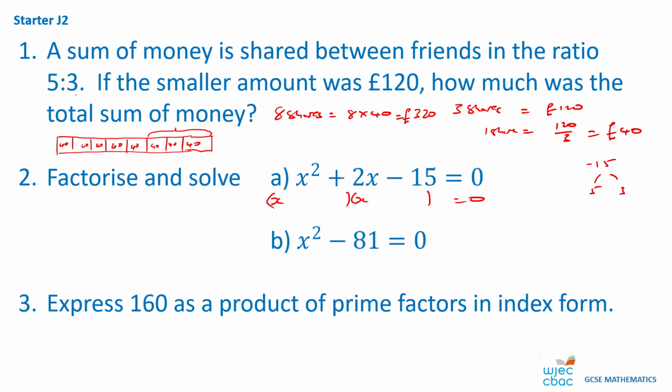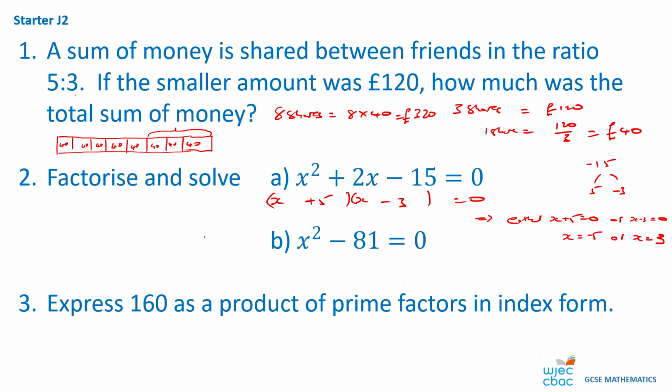Because it's plus 2x, it's going to be 5 minus 3. So it'll be x plus 5 and x minus 3 equals 0, which means either x plus 5 equals 0 or x minus 3 equals 0, which means that x is equal to minus 5 or x is equal to 3.